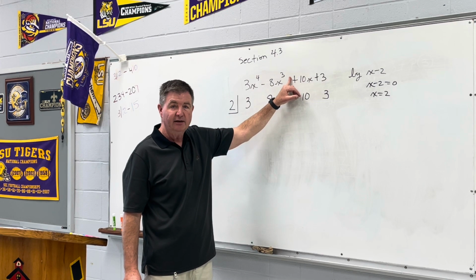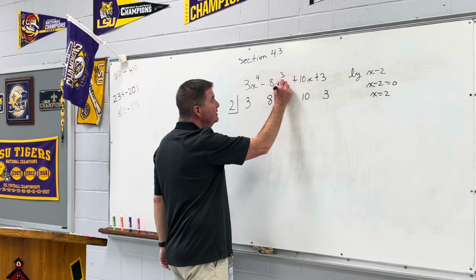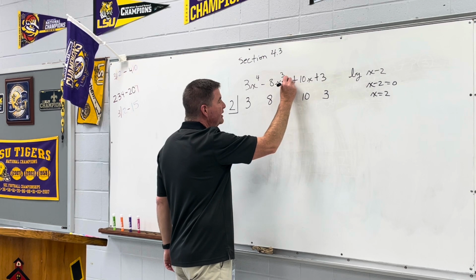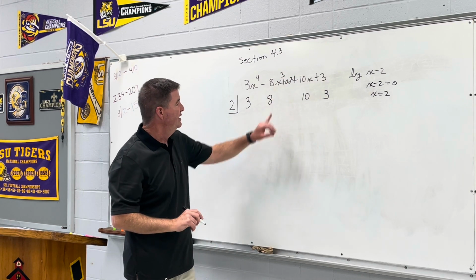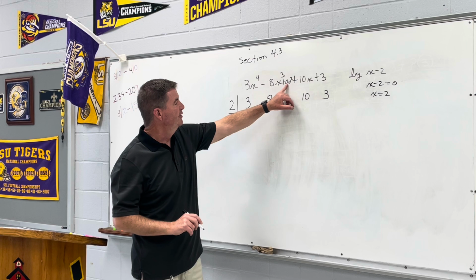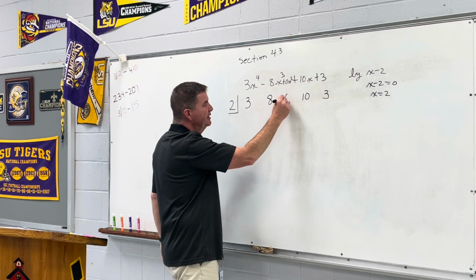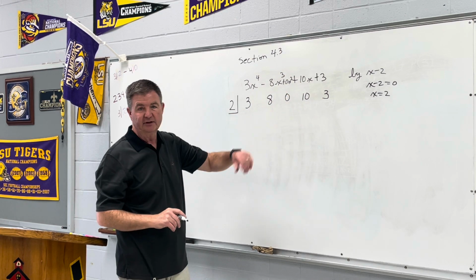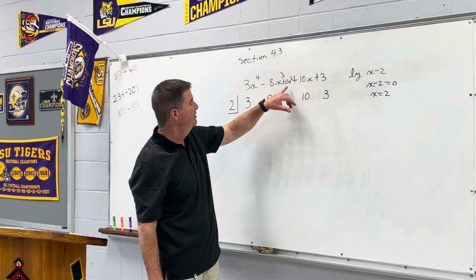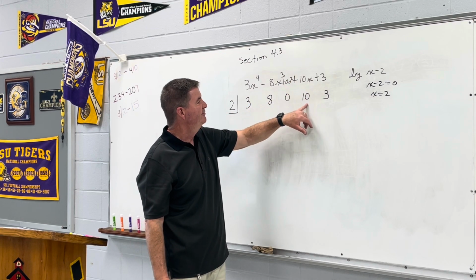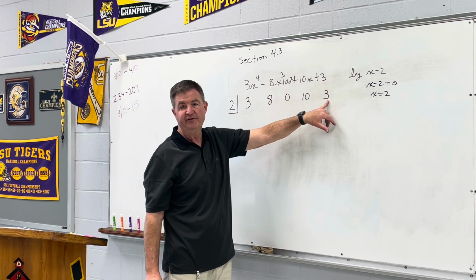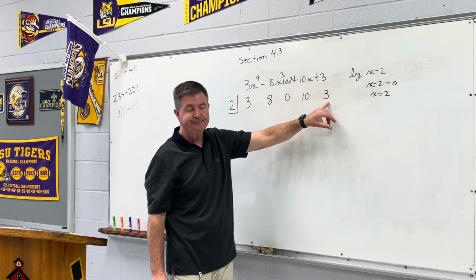Well, that's a placeholder. So what we have to do is add a 0x squared so that we have an x squared. So therefore there's a 0 in front of that, we put a 0 in. That's why I left a little room. So we have 0 for the x squared, we have a 10 for the x, and a 3 for the x to the 0 power.